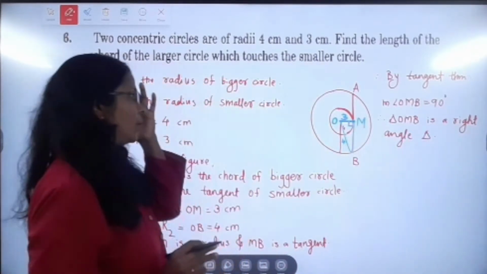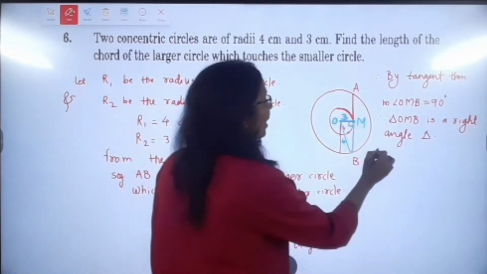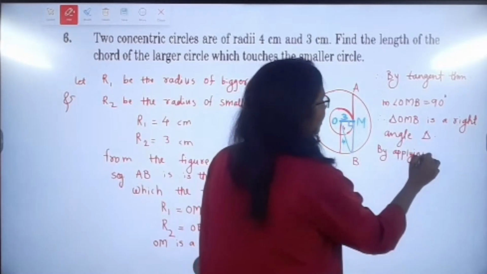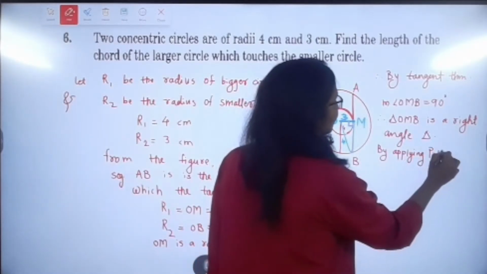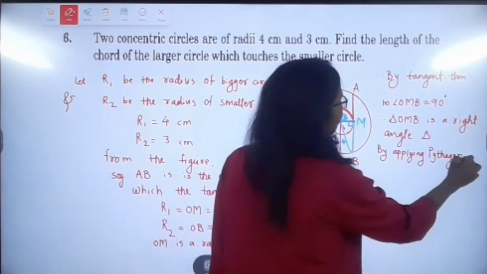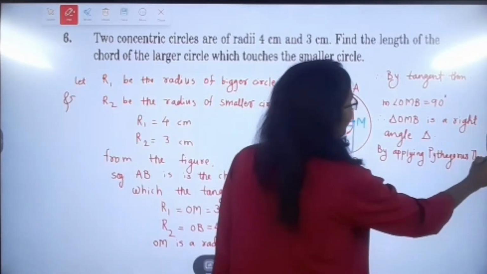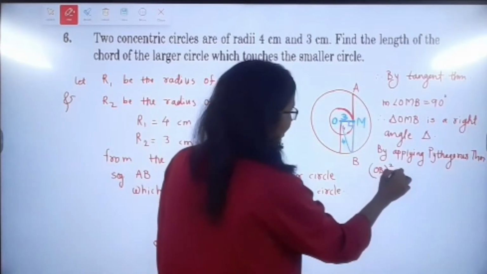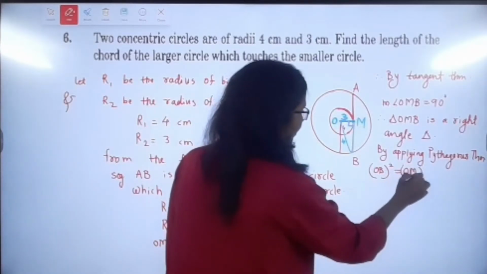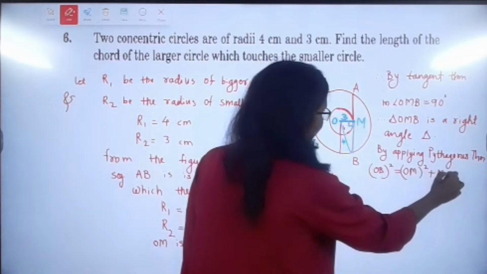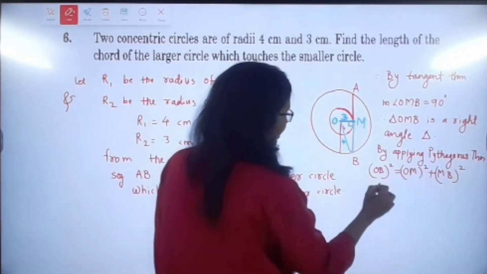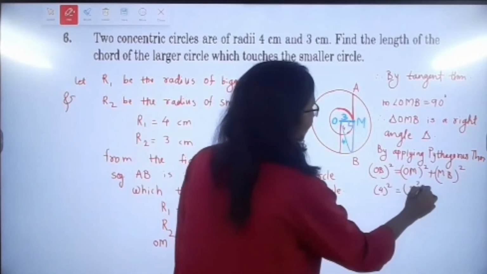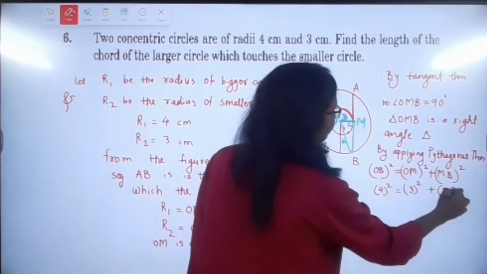Now, by applying the Pythagoras theorem, the hypotenuse is OB, so OB square is equal to OM square plus MB square. So the square of 4 is equal to the square of 3 plus MB square.